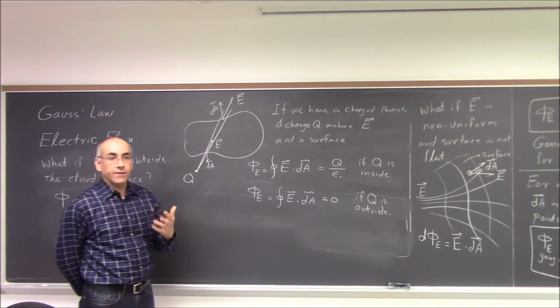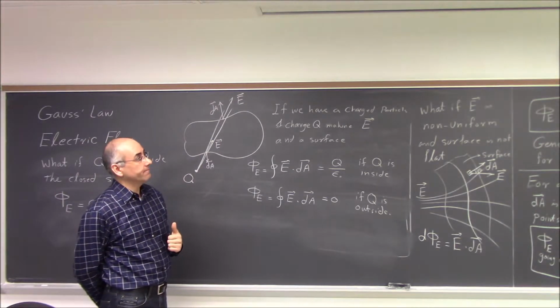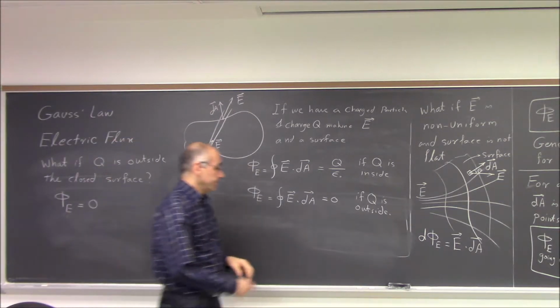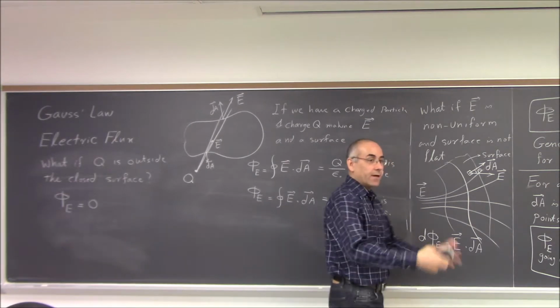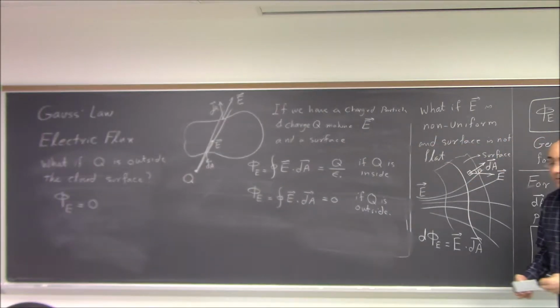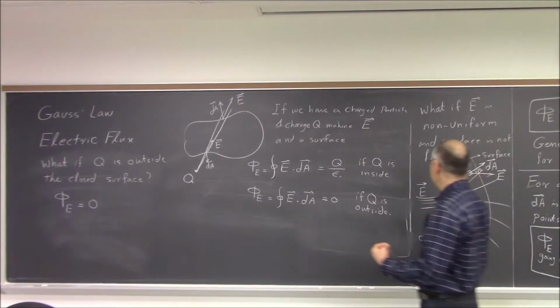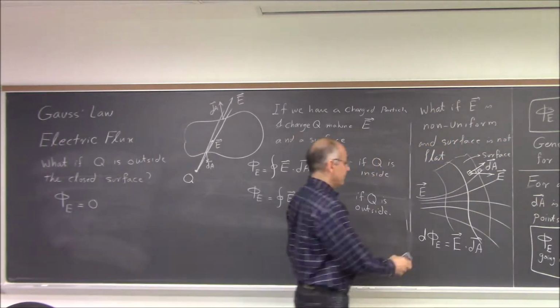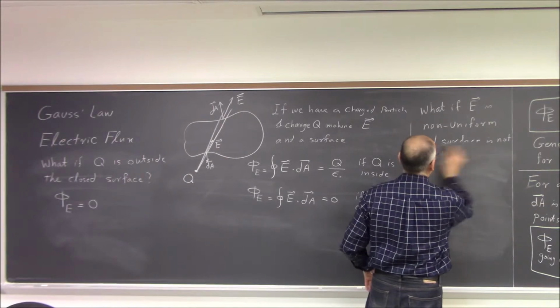Now, what if we have a collection of charges? I'm just building up step by step what is Gauss law. I can give you the Gauss law, but then it is hard to understand the generality of that law.